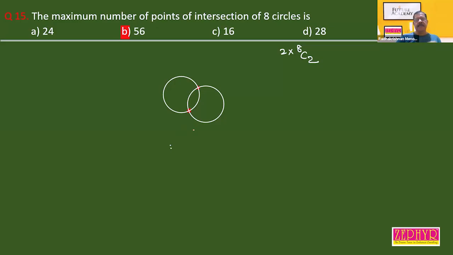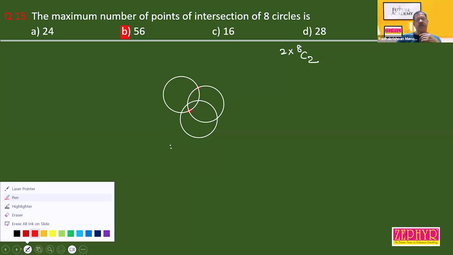If you take one more circle, then how many points of intersection will you have? You can find it out. 6. That is 2 into 3C2.